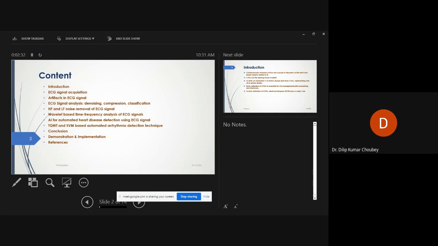And after the artifacts, there is the analysis part, which will include denoising, compression, and classification. The fourth point is HF and LF noise removal of ECG signal: how you can remove the high frequency and low frequency noises which are associated with the ECG signal due to different reasons. I will also explore what are the different reasons due to which artifacts exist in ECG signal.